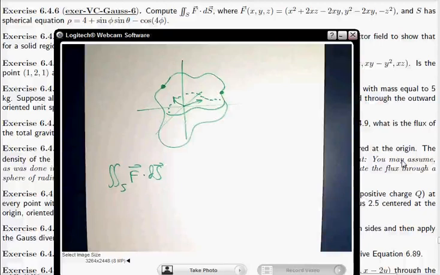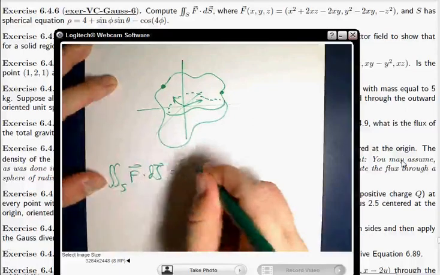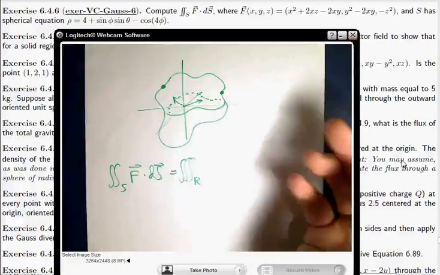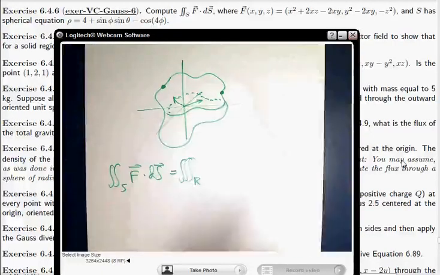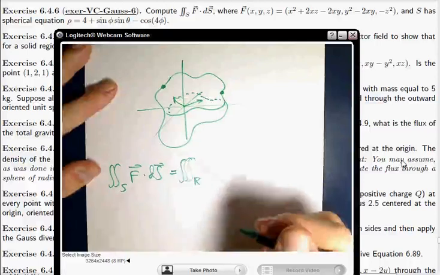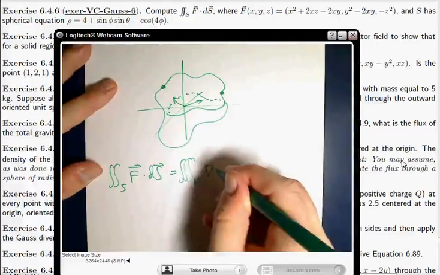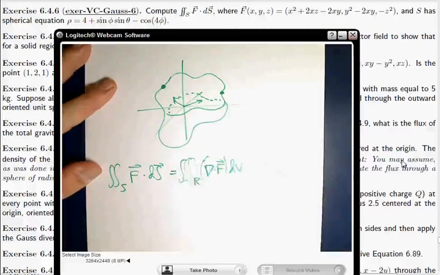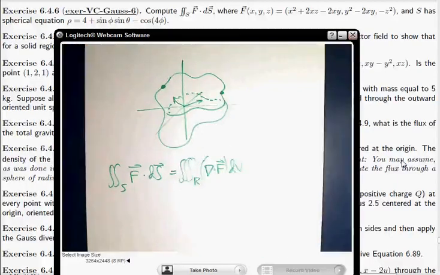So just in case, let's compute the divergence and see if we can instead compute this as a triple integral over the solid. The solid's going to be hard to describe. Maybe I could use spherical coordinates or something, right? But let's compute the divergence of the field. And maybe this will work out.